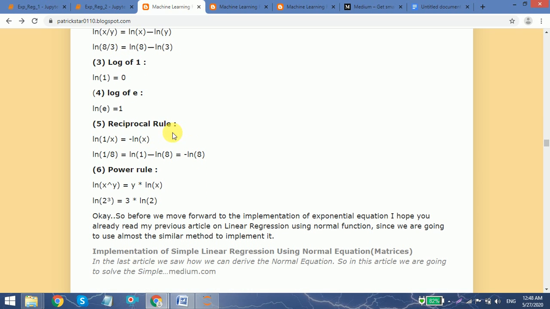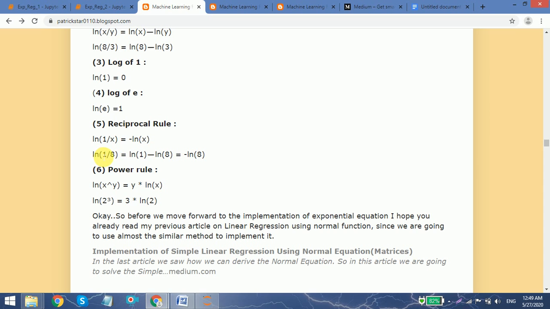The reciprocal rule states that the log of 1 upon x equals negative log of x. Here ln means the log with the base of e. We have many bases in mathematics, like 2, 10, and many more, but here ln means log with base e.